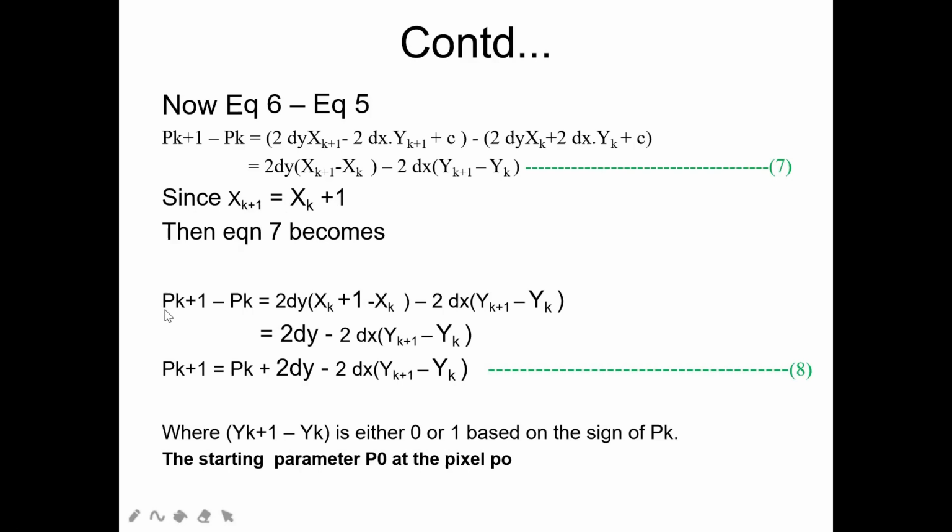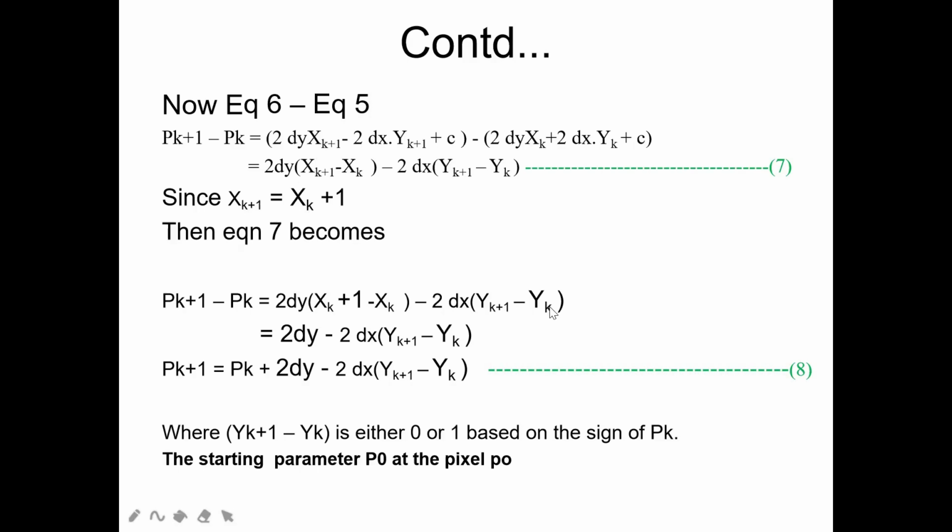Here this is pk plus 1 minus pk. So here you can see 2 dy. Okay, so here I have just replaced this. Here it was xk plus 1, I wrote xk plus 1. Then again minus xk. Okay, then here again you can see the next step, minus 2 dx, yk plus 1 minus yk.